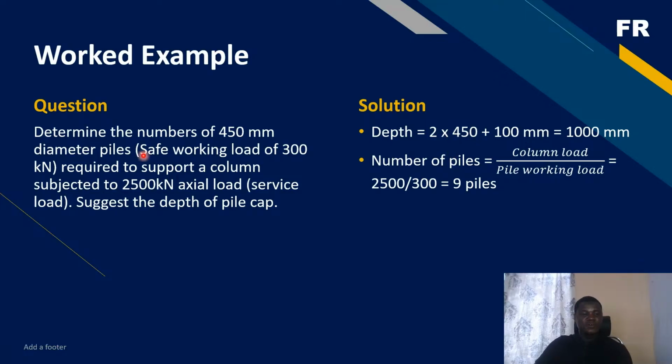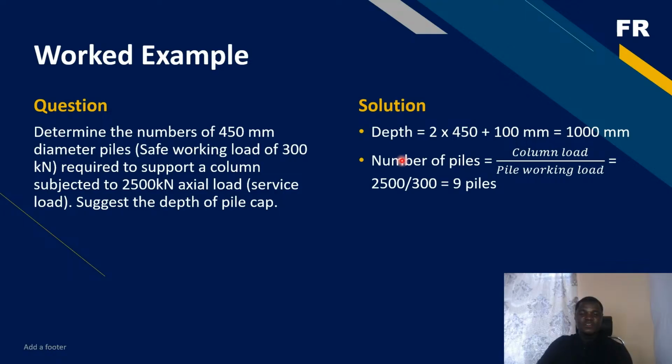The diameter of our pile is 450, so we just take 2 times 450 plus 100 mm. That means the depth of our pile cap should be in the range of 1000 mm or 1 meter. So when you do your design and you end up with something like 450 depth of pile cap, 500 depth of pile cap, you should know that something is wrong.